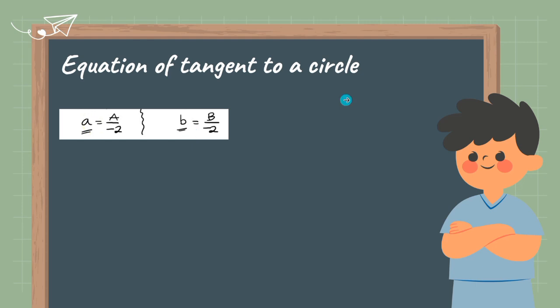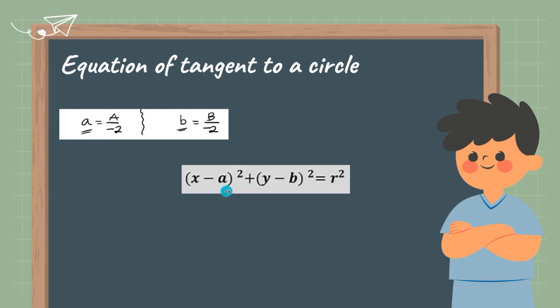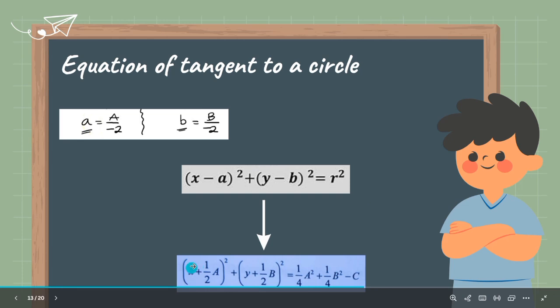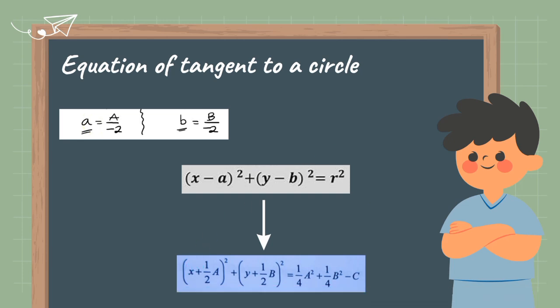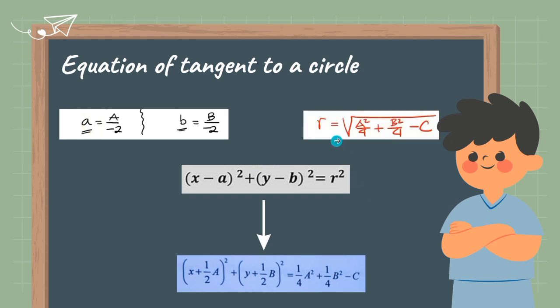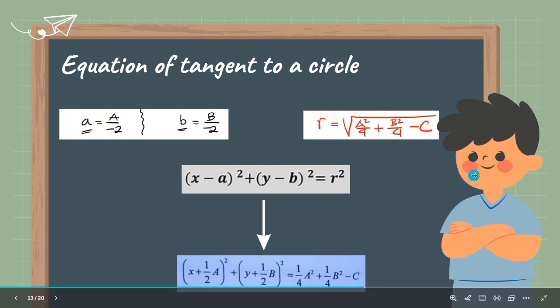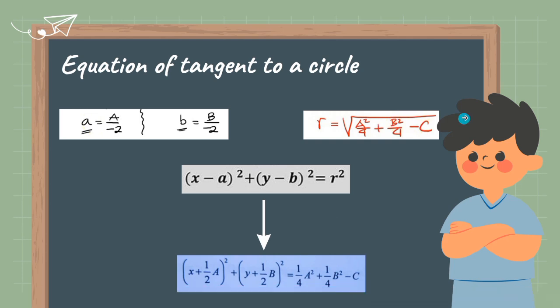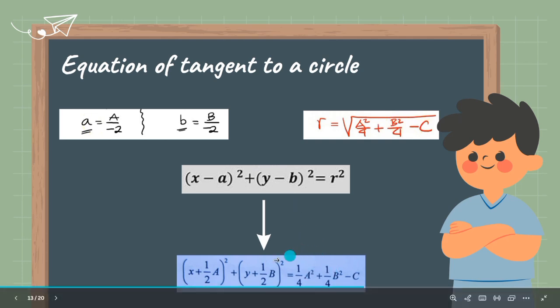These values are substituted into the standard form and become (x plus A over 2) all square plus (y plus B over 2) all square is equal to r square. Now for r square we have also obtained it. Because this is a square, we remove the root so that it becomes A square over 4 plus B square over 4 minus C.